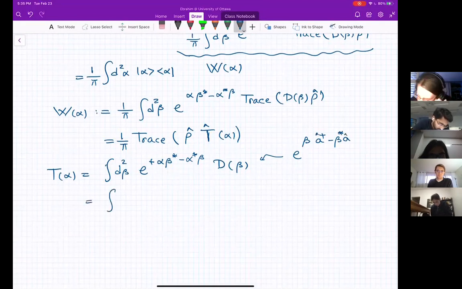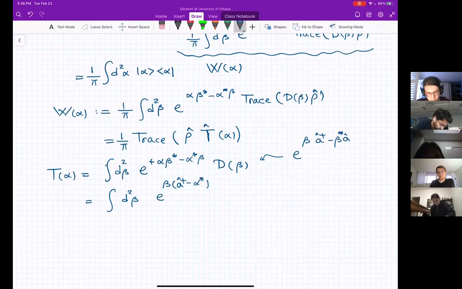And then this integral is given by d2 beta, e to the power of beta A dagger minus alpha star, plus or minus, I think it should be plus, let's check it, beta star and beta, then A dagger, A minus alpha.